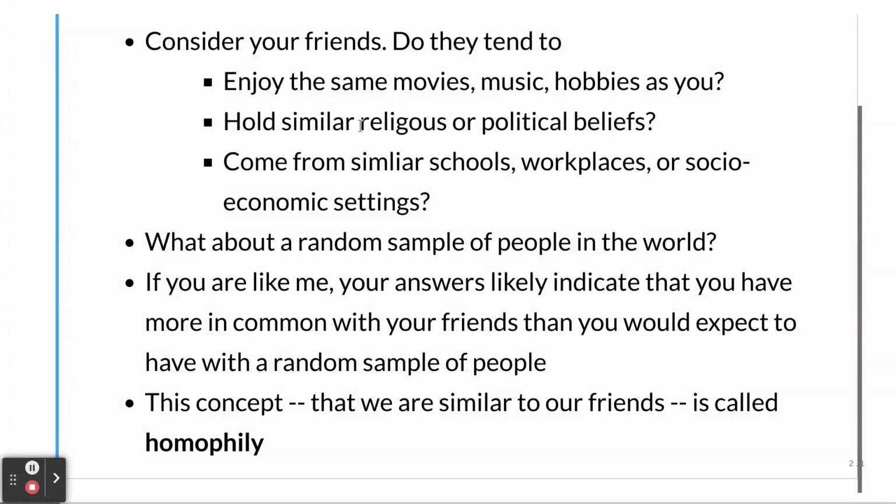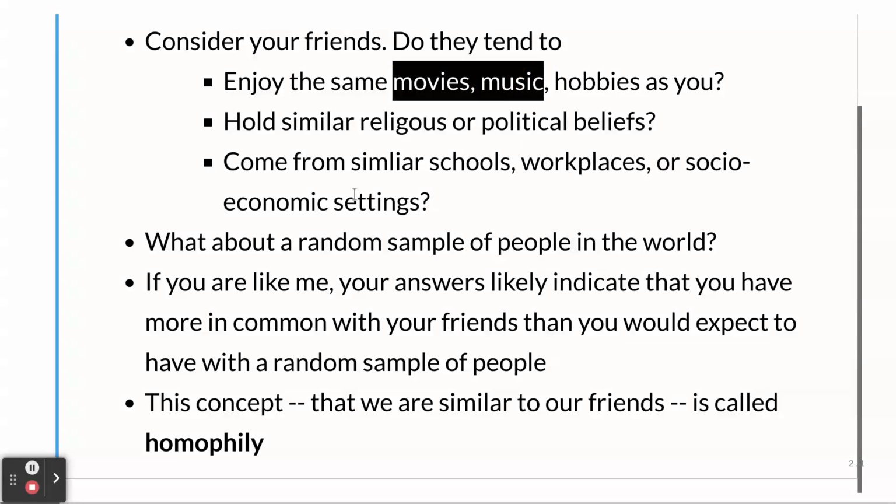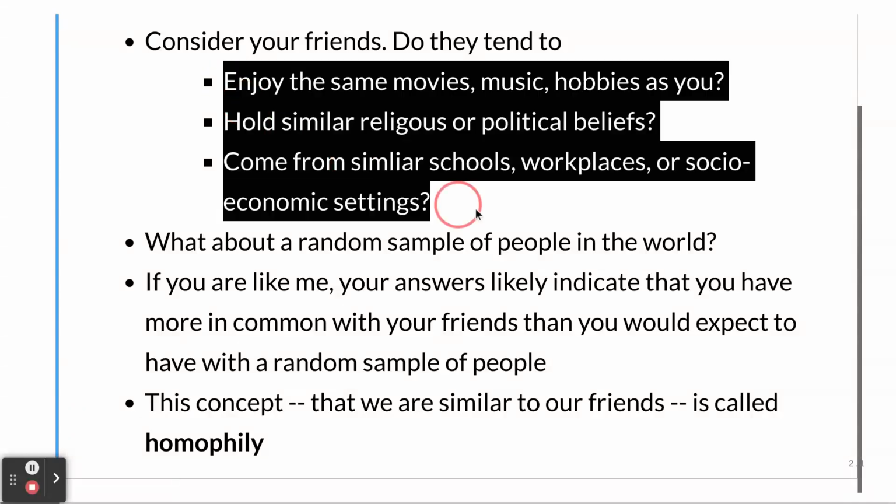It's not always the case that we'll be exactly the same along every dimension. That, quite frankly, would be pretty boring. However, the tendency to share preferences or beliefs or backgrounds amongst those with whom we have social connections, that tendency is stronger than sharing those type of backgrounds or beliefs with just a random subset of people.